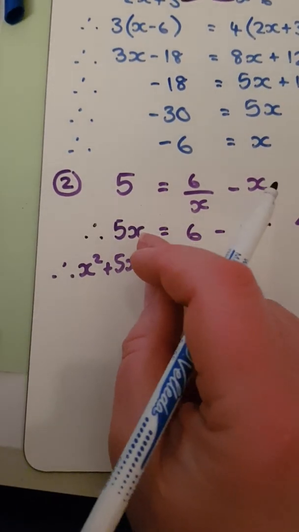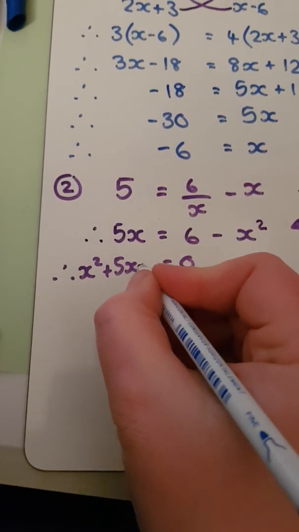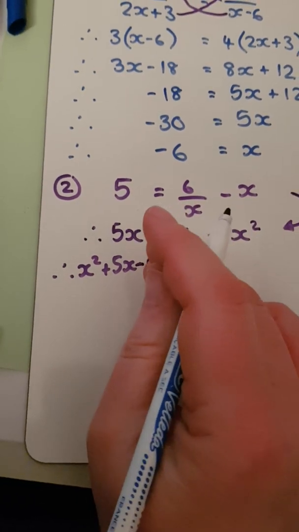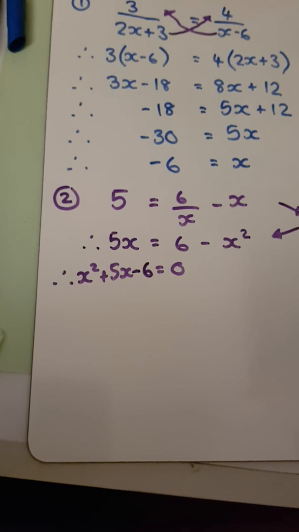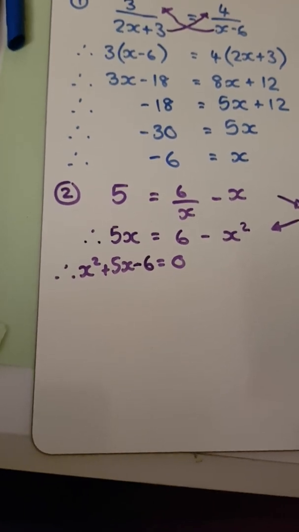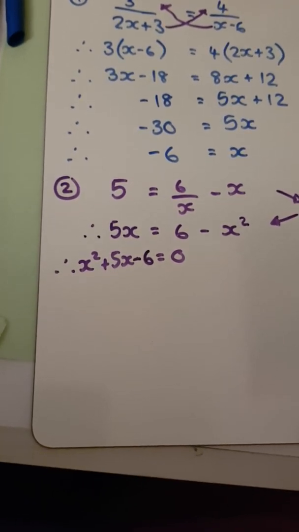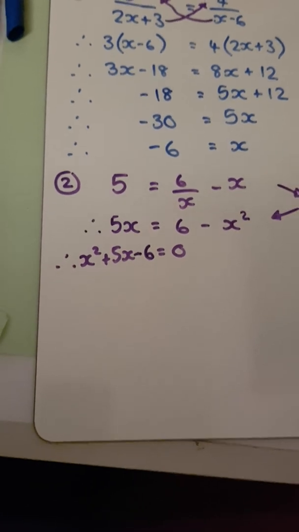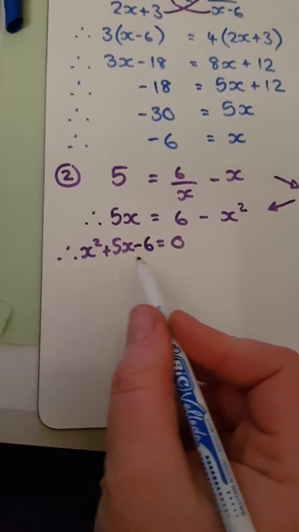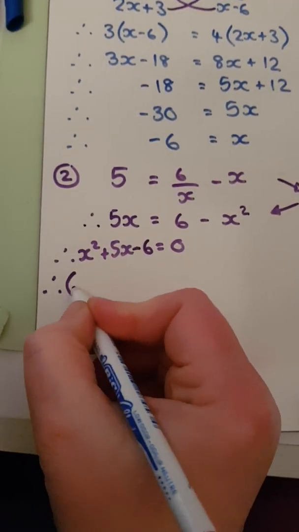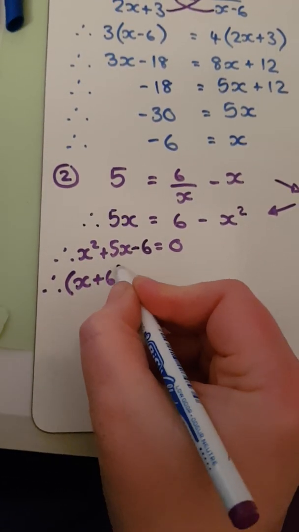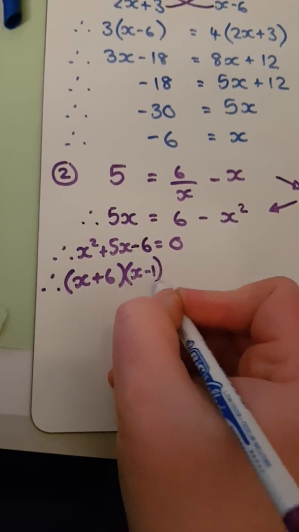When I factorise it, I've deliberately chosen this one, because I would guarantee that we're going to have a few people who put a 2 and a 3 in there, but we shouldn't have. Think about the signs. It needs to multiply to give us minus 6 and add to give us plus 5. It therefore has to be x plus 6, x minus 1.